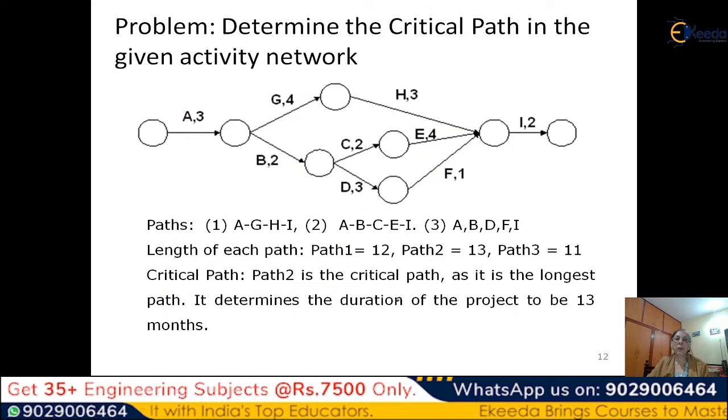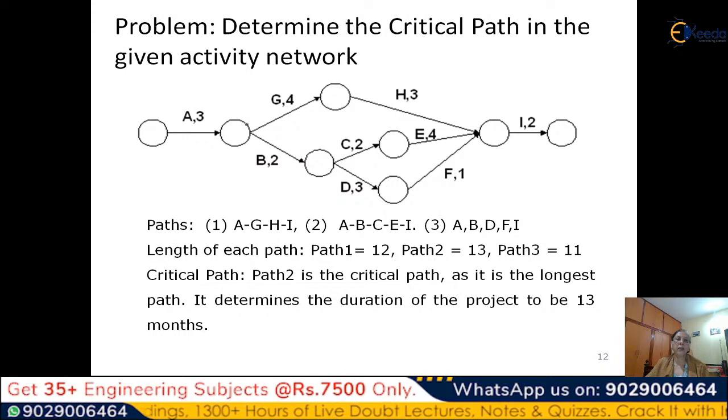Now let's look at this problem. Determine the critical path in the given network. So you are given a network. What kind of network is this? This is an activity on the arrow network. A is the activity, B is the activity, C is the activity, then E, F, G, H and I. These are all the activities on the arrow.